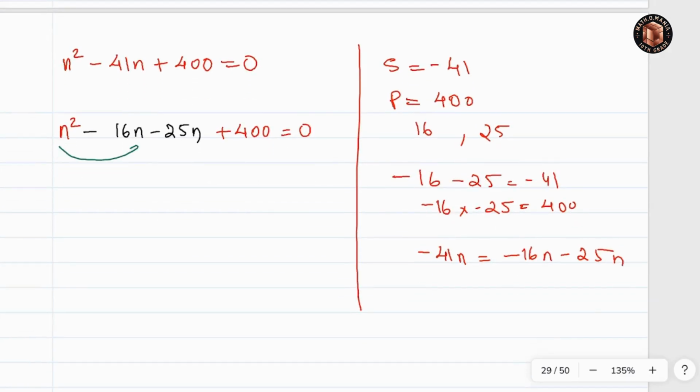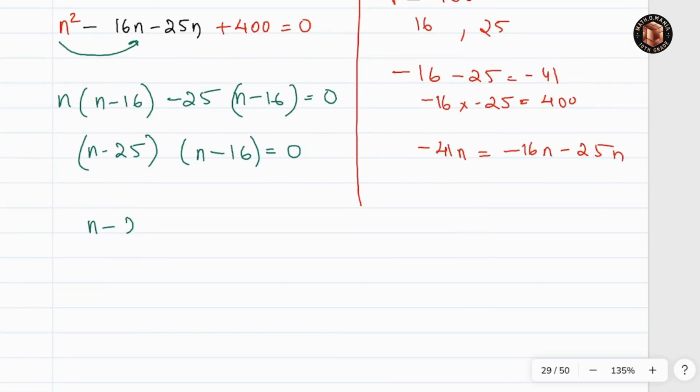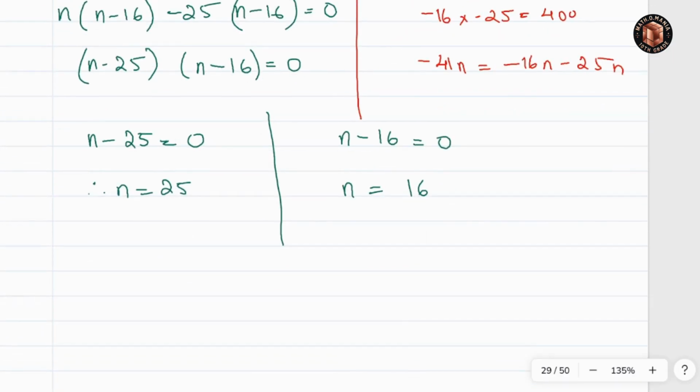From here, let's take the common factor outside: n into n minus 16, minus 25 into n minus 16, equal to 0. That is n minus 25 into n minus 16 equal to 0. From here, n minus 25 equal to 0, therefore n equal to 25. n minus 16 equal to 0, which means n equal to 16. Thus, we got two values for n.